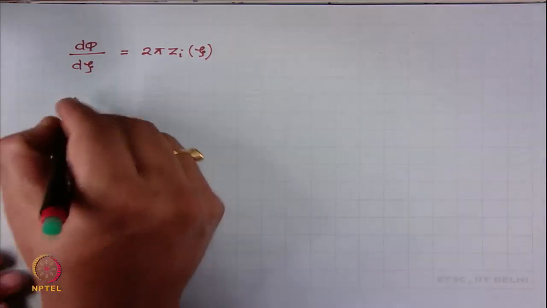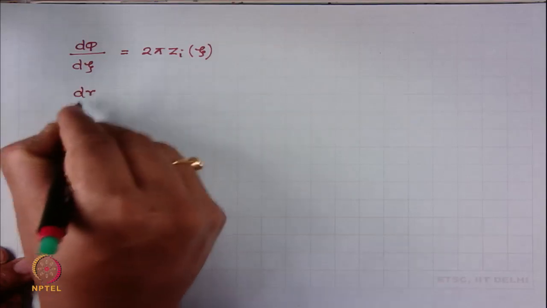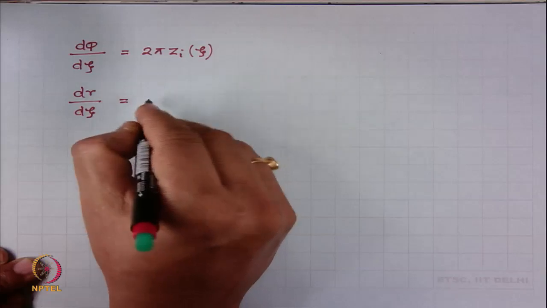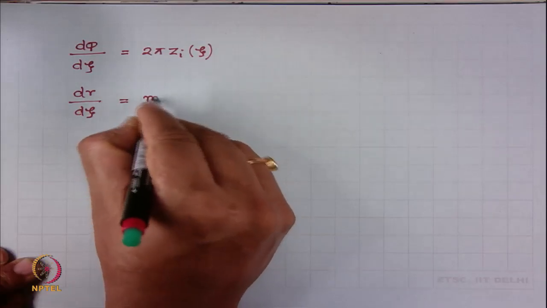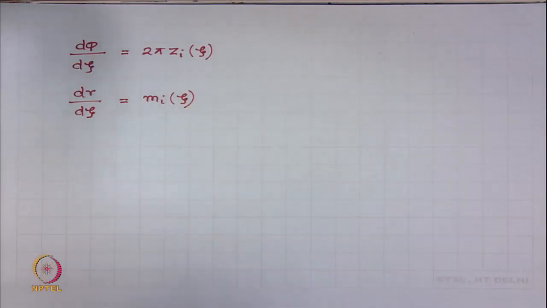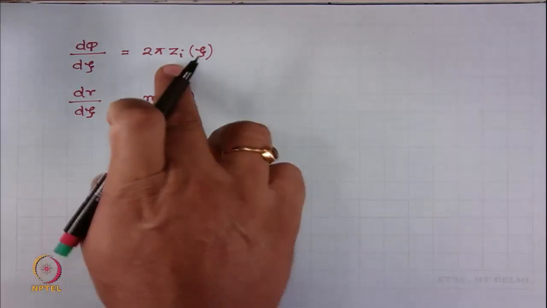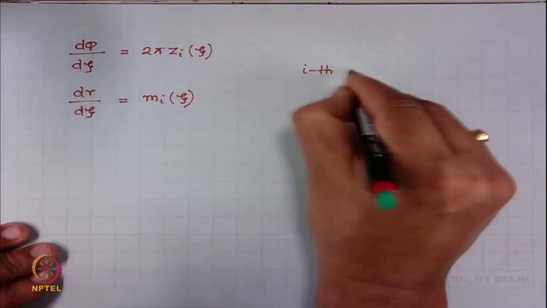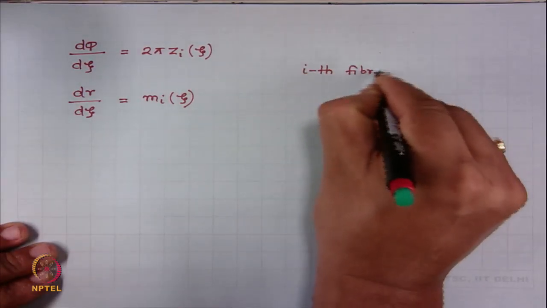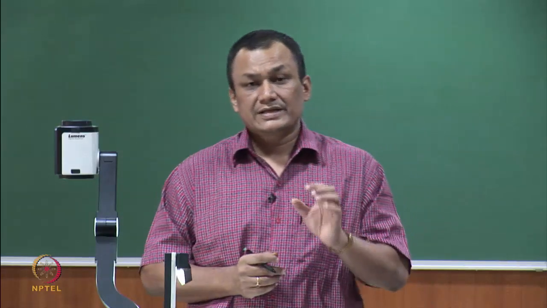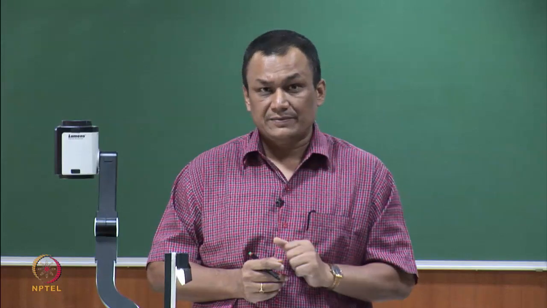Second function is dr by d zeta, which is equal to this. This i represents the ith fiber. There are many fibers inside a yarn. Let us talk about one general fiber, say the ith fiber.